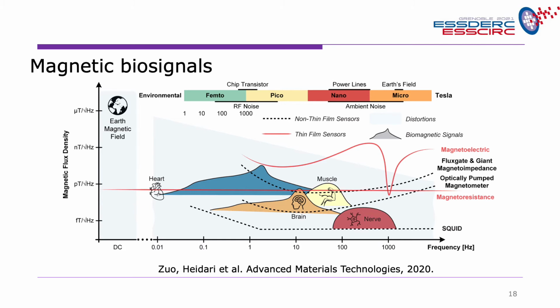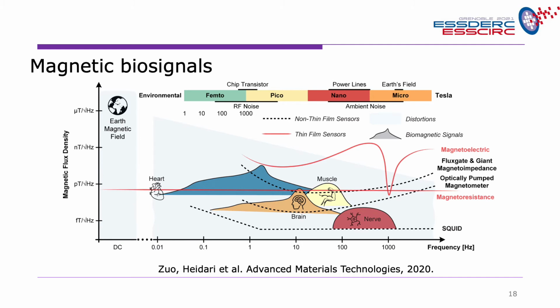Then we have fluxgate and giant magnetoimpedance sensors, which can theoretically detect such signals. However, the big problem for such sensors is canceling and controlling the noise at the first stage, as well as amplifying and improving the signal to noise ratio.